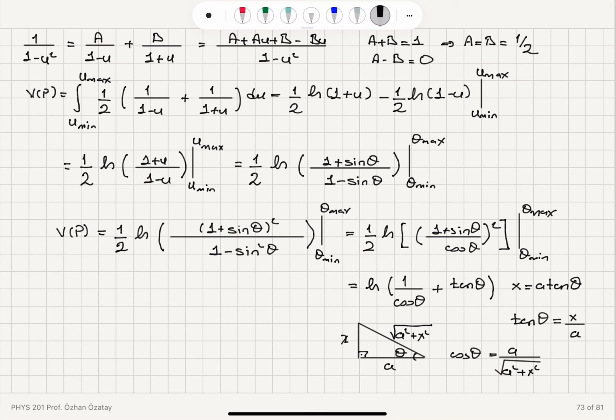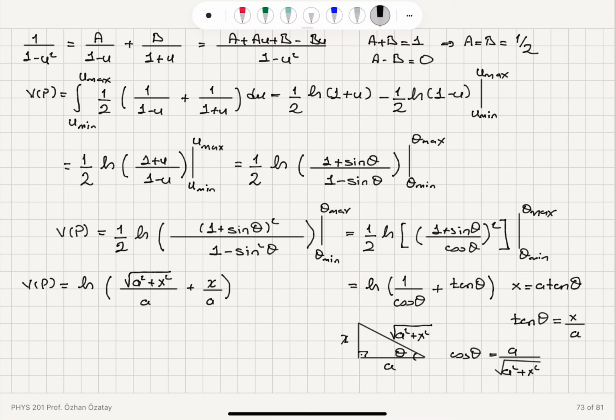So the potential at point P becomes natural logarithm of 1 over cosine theta, which is square root of a squared plus x squared over a, plus tangent theta, which is x over a.